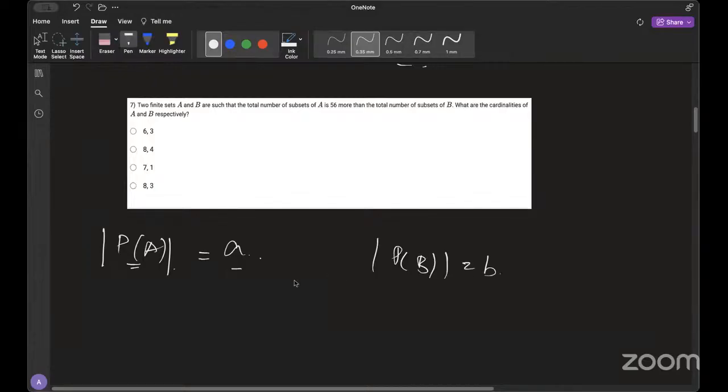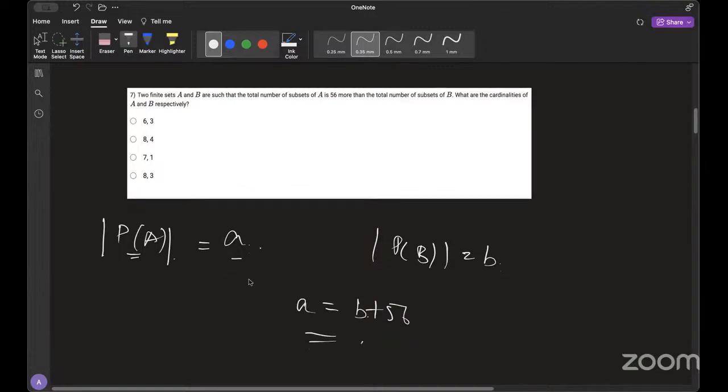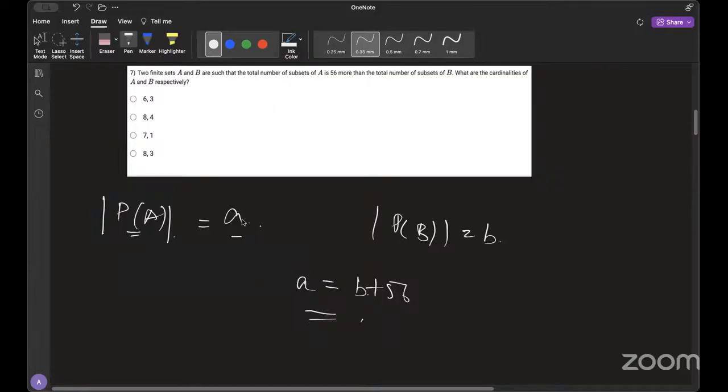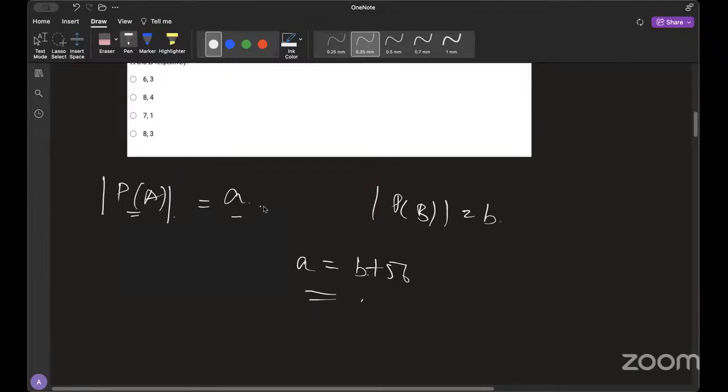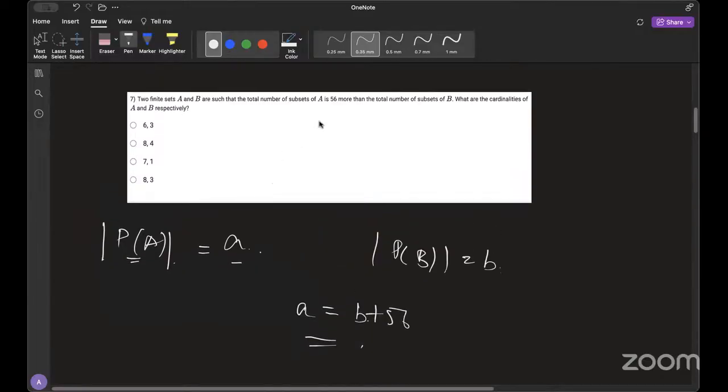And they say that it's 56 more than the total number of subsets of B. Wait. The total number of subsets is 2 to the power n.